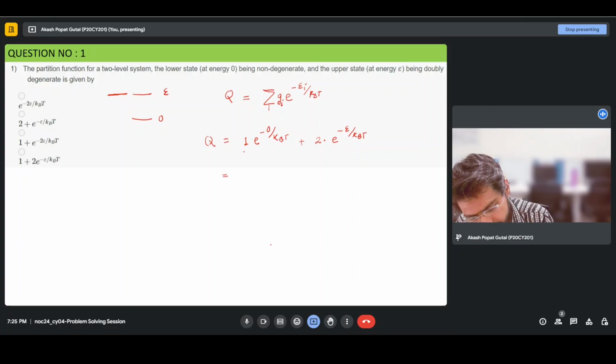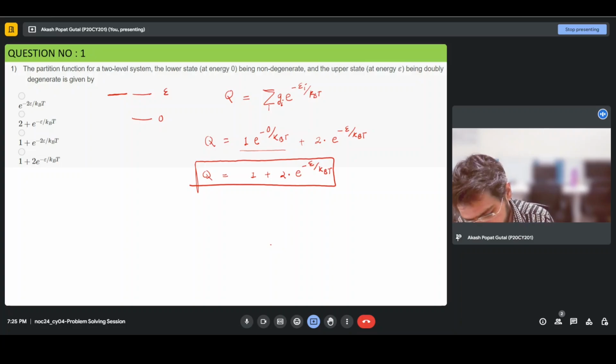So this first term will be 1, and your partition function will be 1 plus 2 e raised to minus epsilon upon kBT. This is your partition function, and it is option number C. Sorry, option number D.